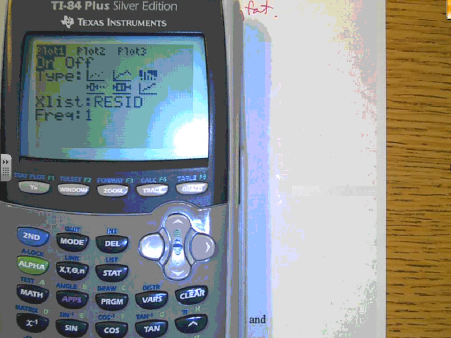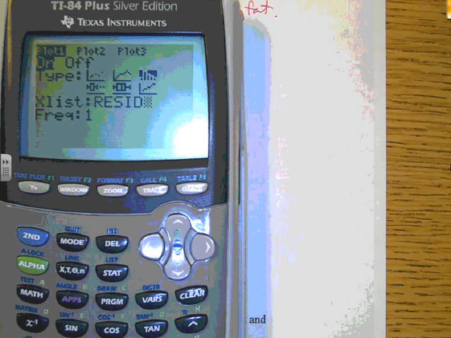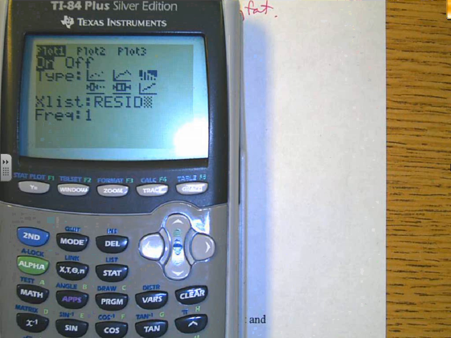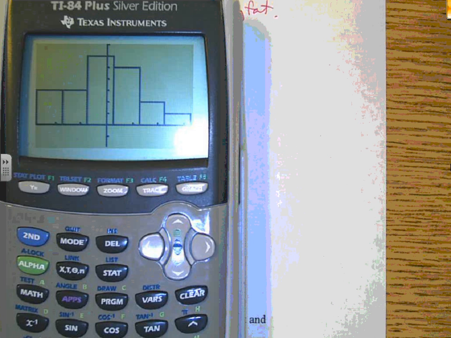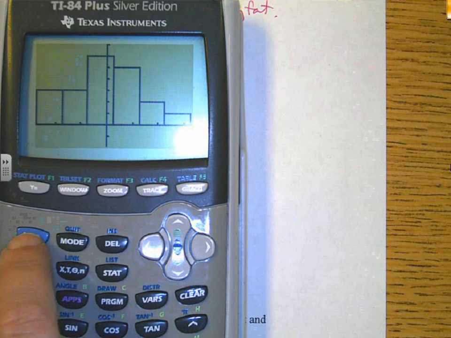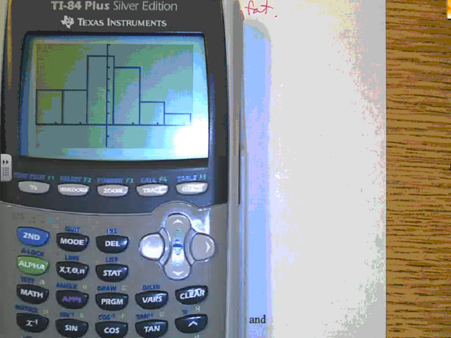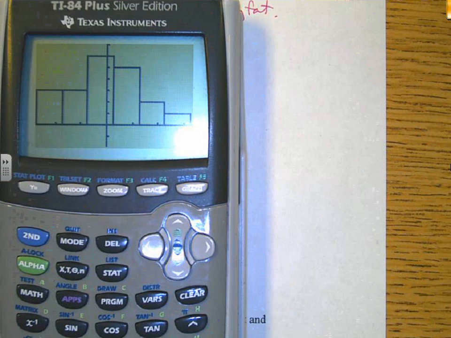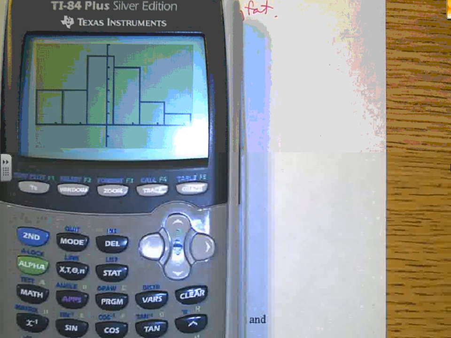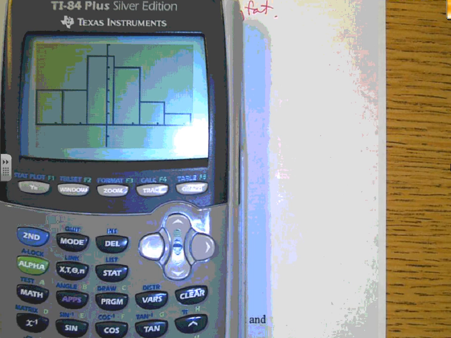And then earlier today we were having trouble if you hit graph, but if you just hit zoom 9 without hitting graph, it should graph it for you. How to change L1? Just second stat, and then keep looking through the list. It's there somewhere. Like that. I did zoom 9, zoom stat.